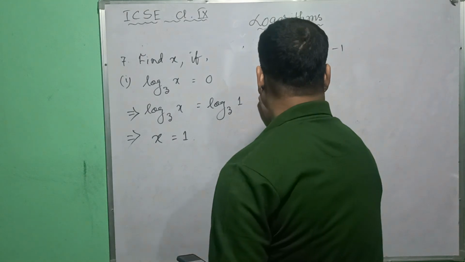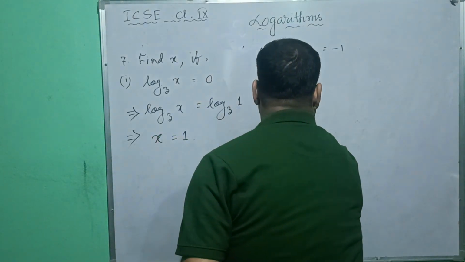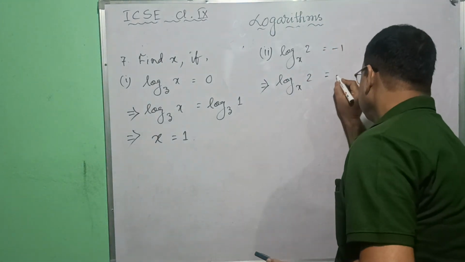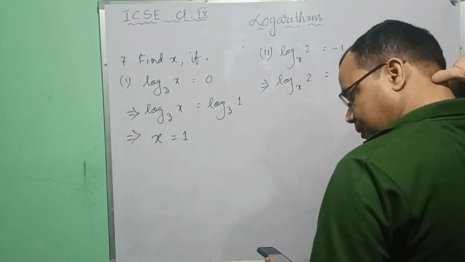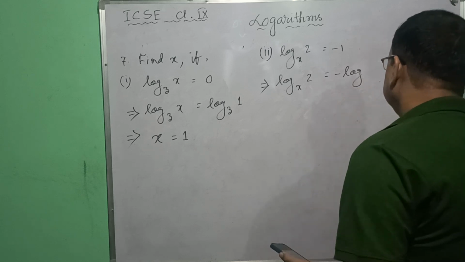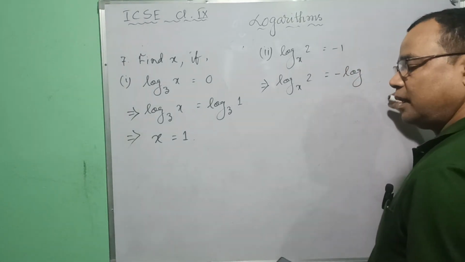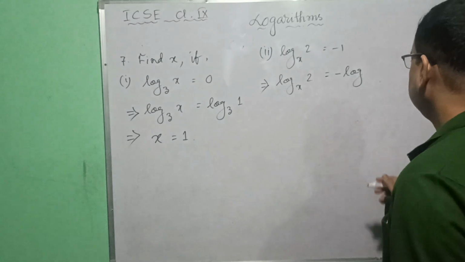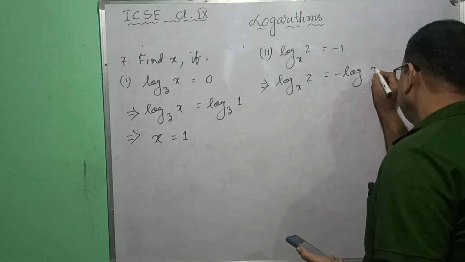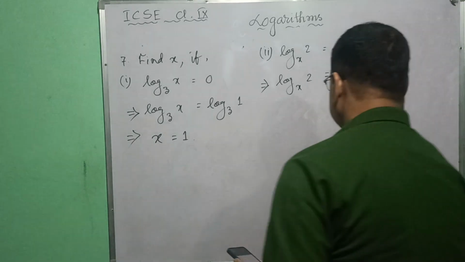So we can solve it in this way: log 2 base x equal minus, as it is minus, we can write minus log 1, as I said that if the base and the log are the same, then the value is 1. So as it is base x, we can write log x base x. So log x base x equal to 1, the sign is minus, so minus is there.